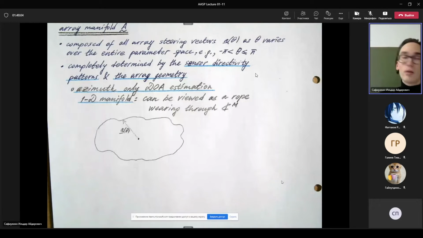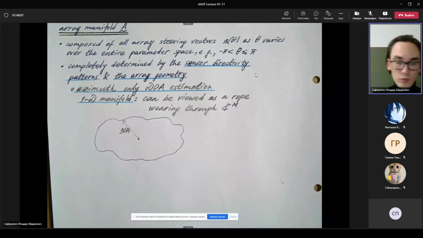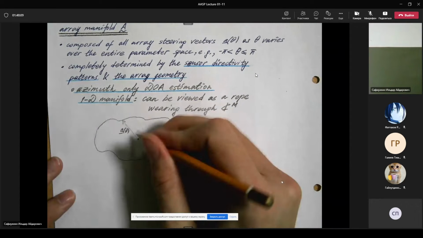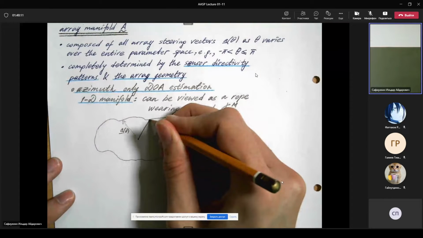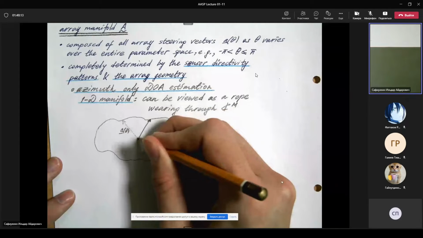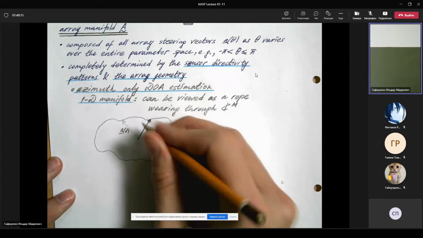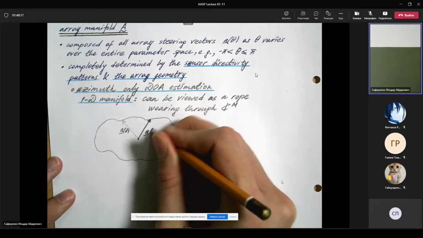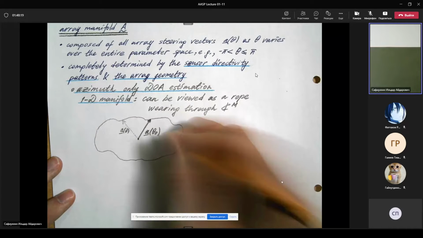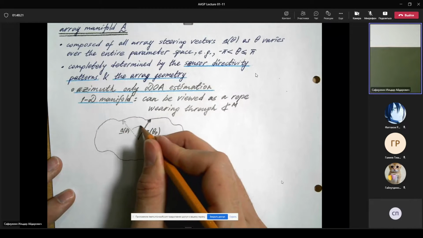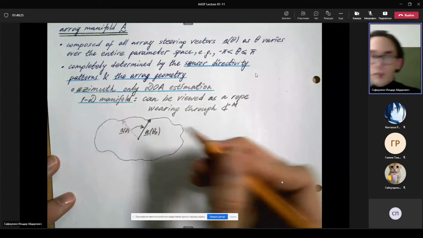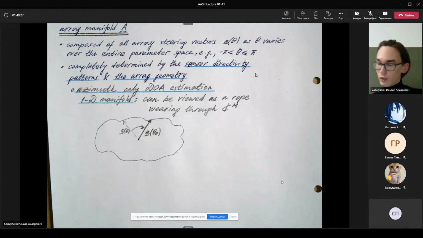And if we assume some theta 0, A of theta 0, we will have this shift of our initial vector to this place.